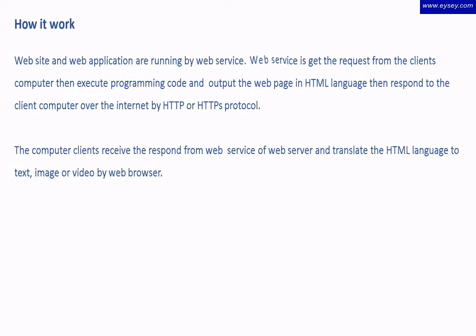So how does it work? A website and a web application are run by the web service of a web server. The web service gets the request from the client, finds the URL to execute the programming code, and outputs the result as a web page in HTML format, then responds to the client request over the internet by HTTP or HTTPS protocol.